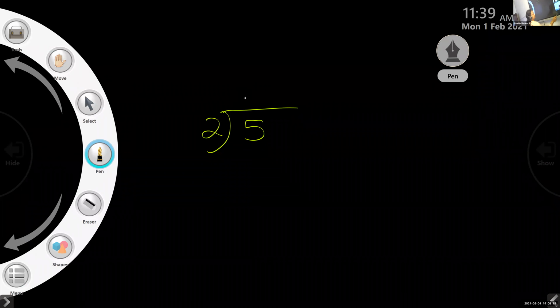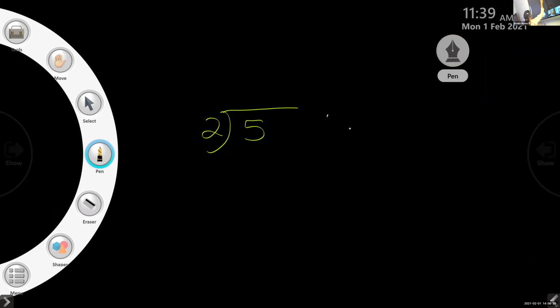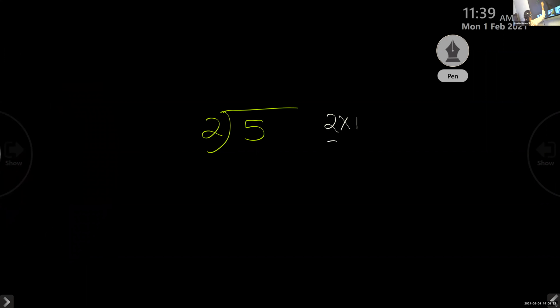Madhav, can you tell me how we can take it? 2 times 1, 2 times 2, 2 times 3. 2 times 1 is 2. 2 times 2 is 4. 2 times 3 is 6.